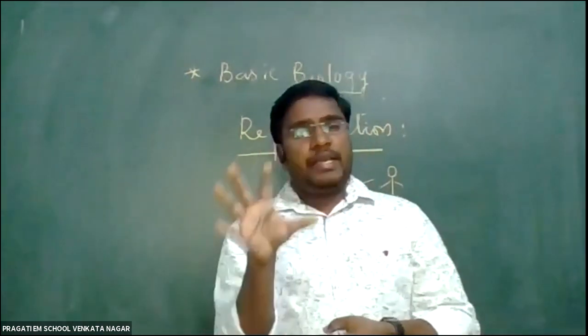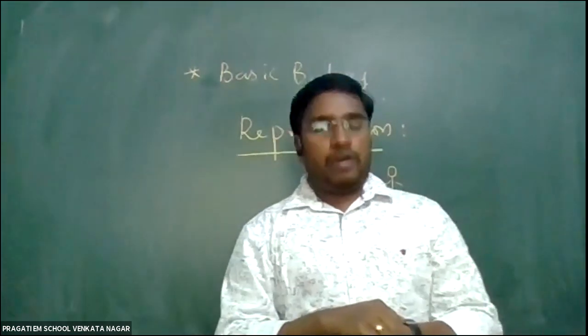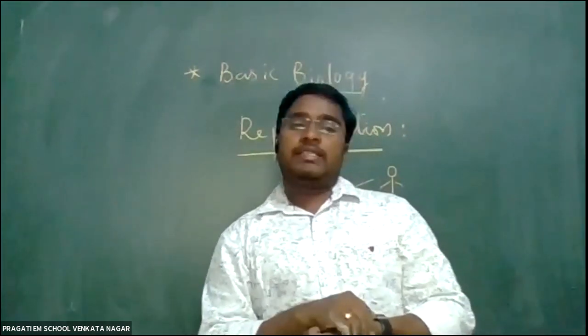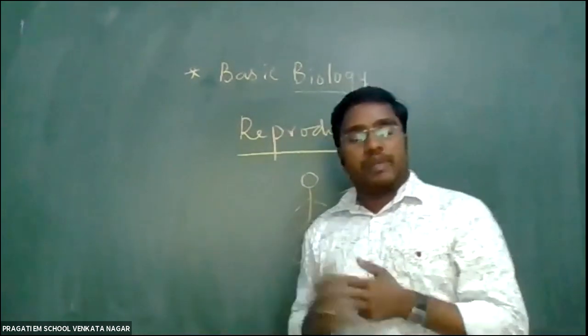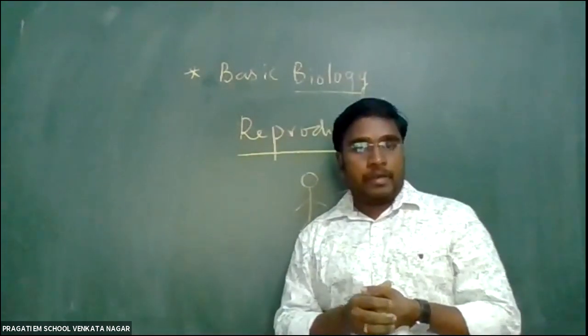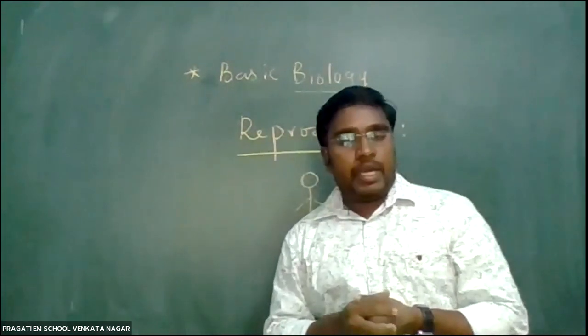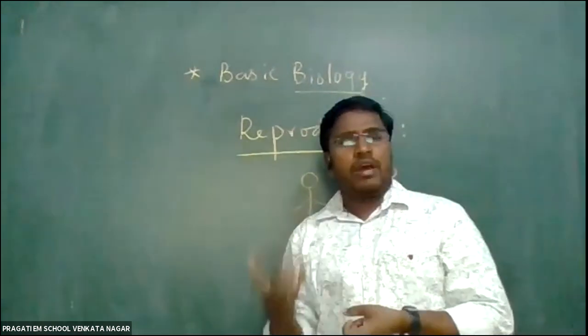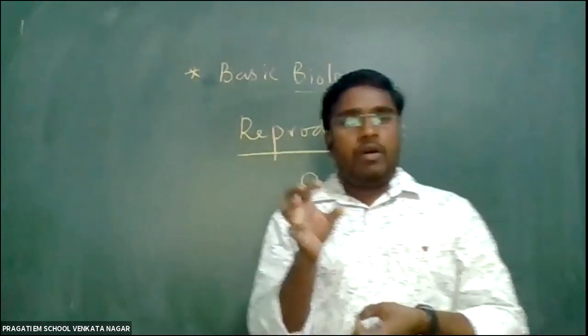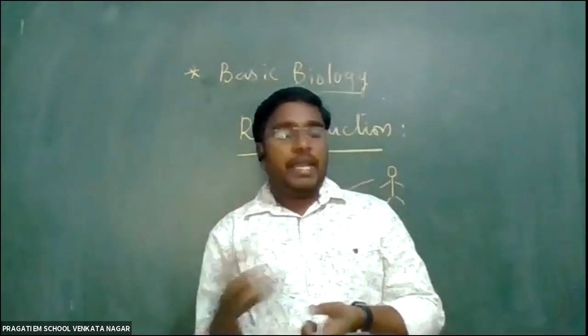So these are the basic characters of living organisms. Let us see how these living organisms are composed. That is our main topic today: composition of living organisms, how organisms are made.